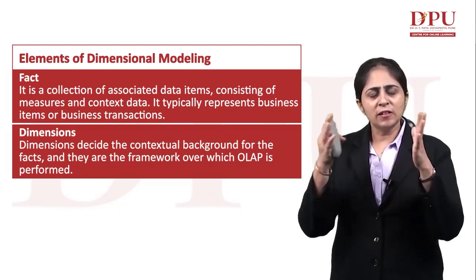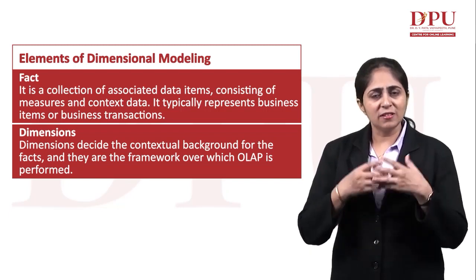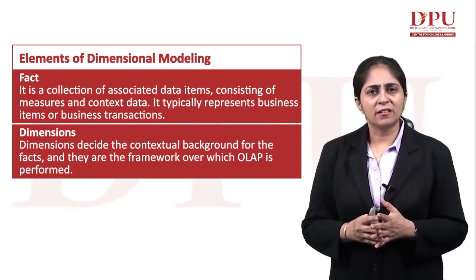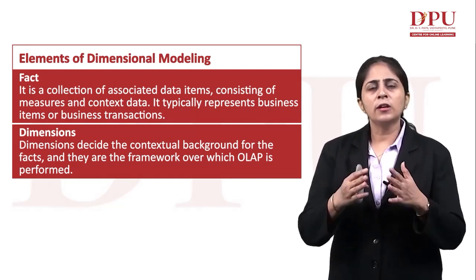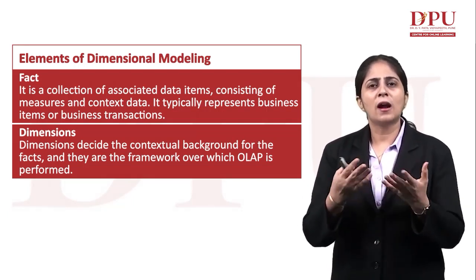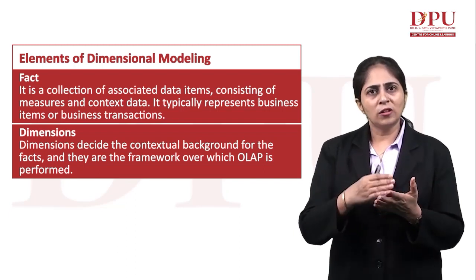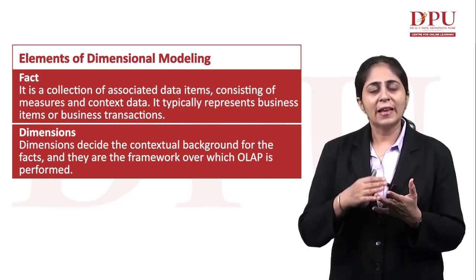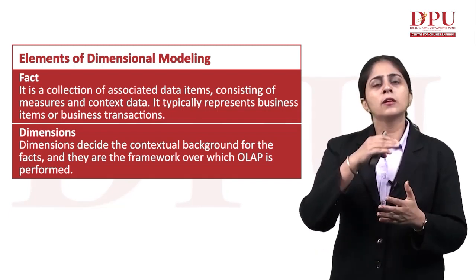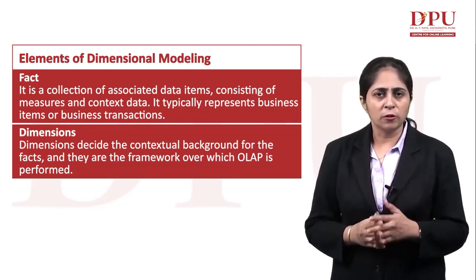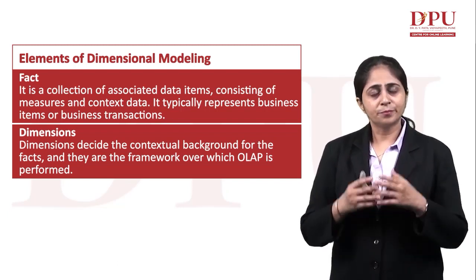Like we have seen, if we talk about sale of a particular factory in which various products are produced, the dimension according to which we want to view our data can be on the basis of time, like quarter 1, quarter 2, quarter 3, quarter 4. That is a kind of time dimension.